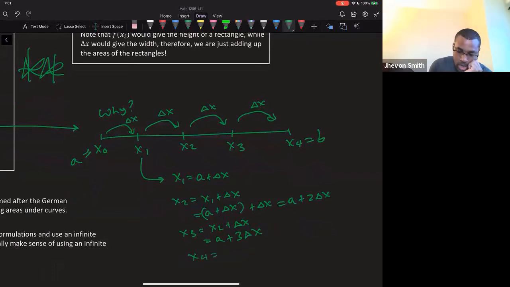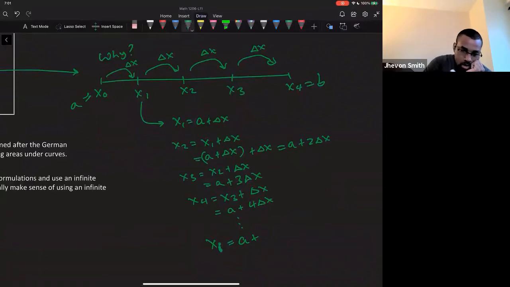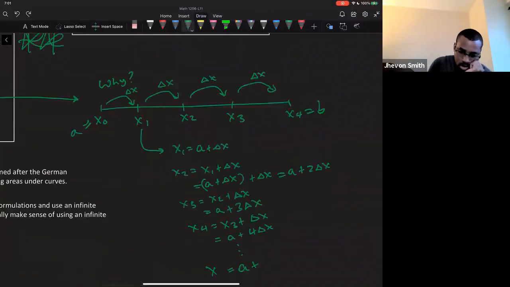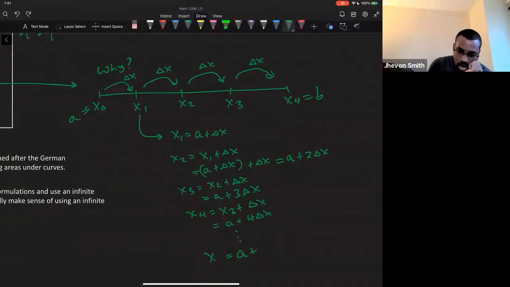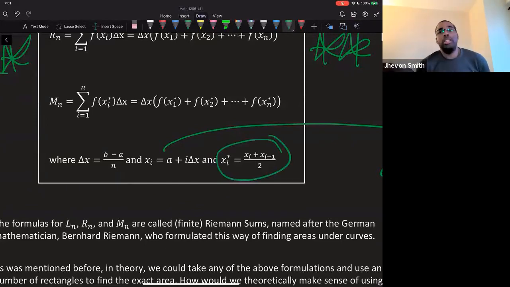Your x4 would, of course, be x3 plus delta x, which is a plus 4 delta x, and so on. That stands to reason that your xi is always going to be a plus i delta x. So that's where this formula comes from. And the midpoint, as you know, to find the middle between two numbers, you just take the mean of those numbers. That's where that formula came from.